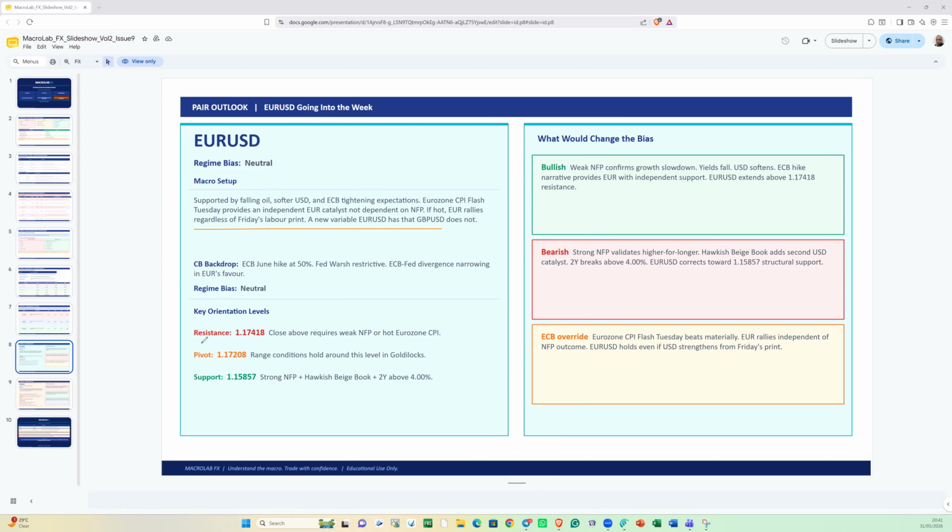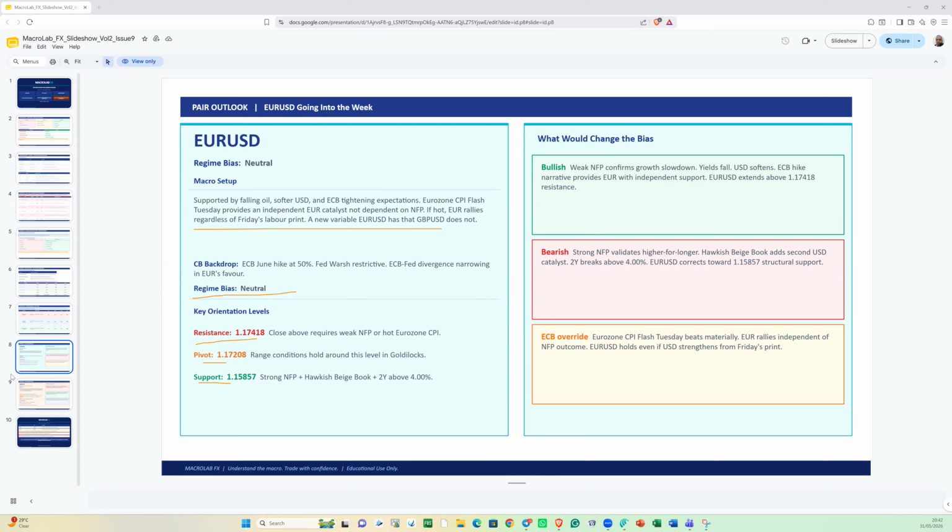These are resistance levels, these are pivot levels, and these are support, and we're largely neutral on Euro USD. We're going to take positions from focus point 1, focus point 2, focus point 3. As data comes in, we'll begin to take decisions. That is why you need to understand the macro backdrop as the week opens.